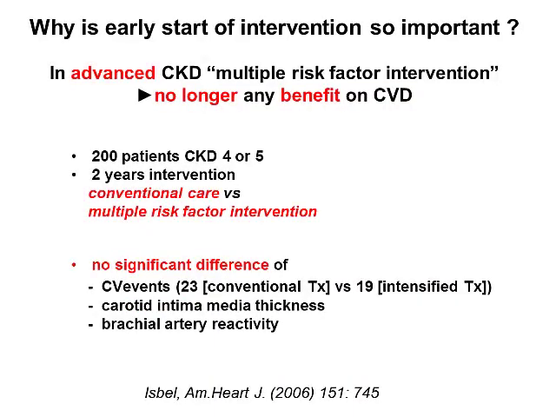And here I have a dramatic slide showing that in advanced CKD, multiple risk factor intervention no longer gives any benefit on cardiovascular disease. This was a study on 200 patients with CKD 4-5, a 2-year intervention, conventional versus multiple risk intervention.